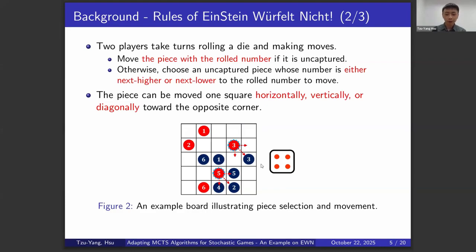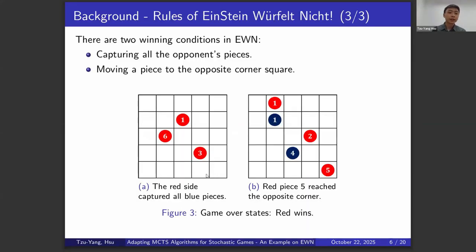For example, in this turn, if the red side rolls the number 4 and the red piece number 4 has been captured, the red side can choose either piece number 3 or 5 to move. And there are 2 winning conditions in EWN. One is to capture all the opponent's pieces, and the other is to move a piece to the opposite corner square.